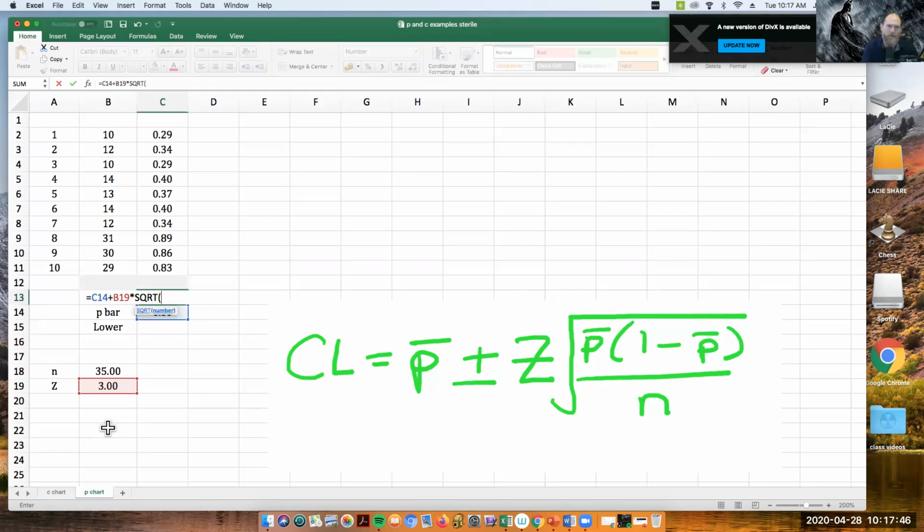We're going to need double parentheses. I know that. Let's see what we're looking at. C14 times 1 minus C14. That's going to be ugly if I continue with that.